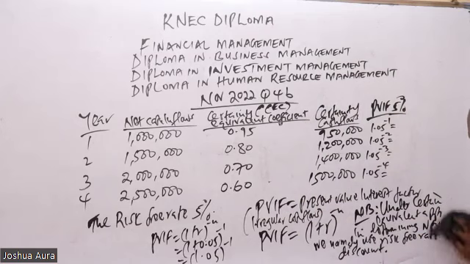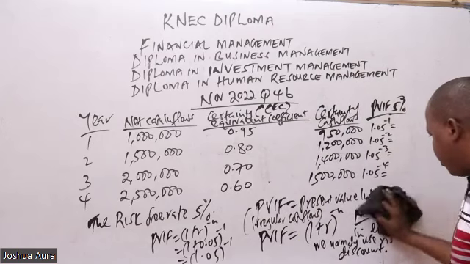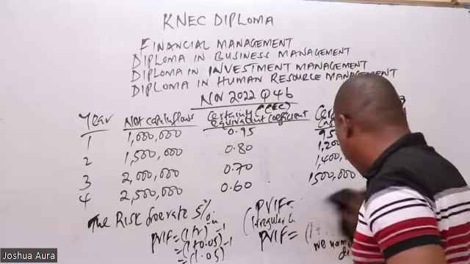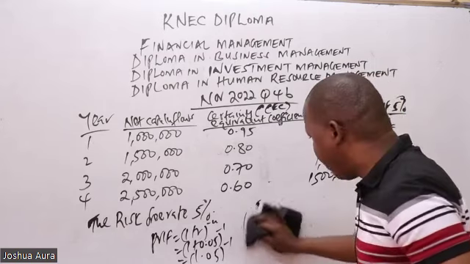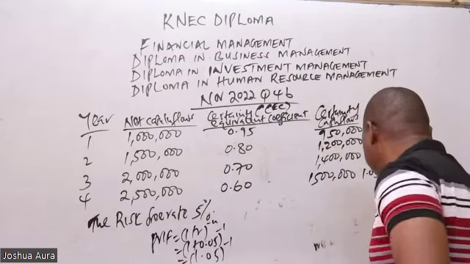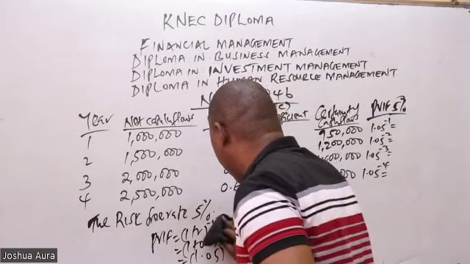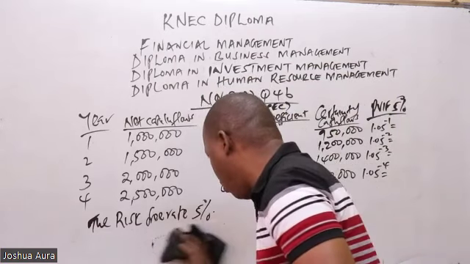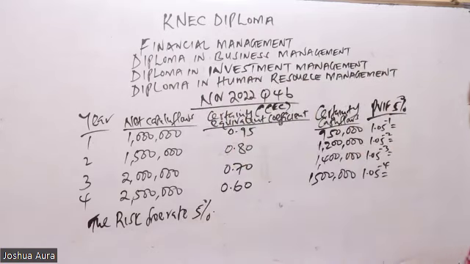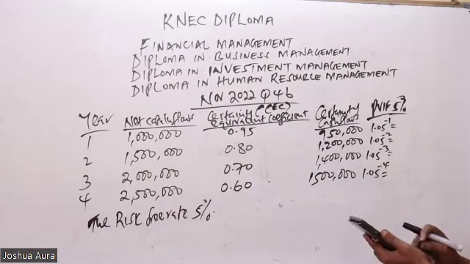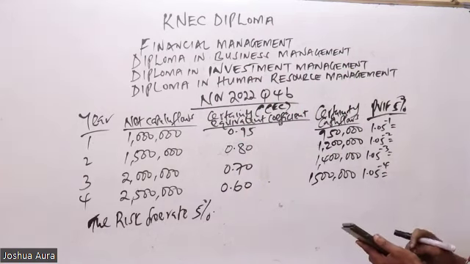Allow me to wrap this part also, because the point is already at home with you. Take your calculator and press 1.05 raised to negative 1.